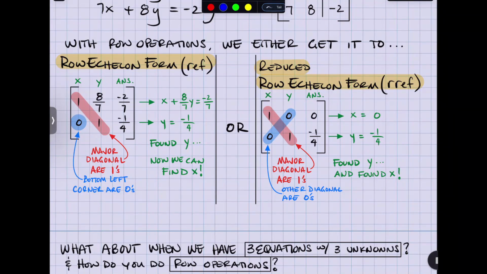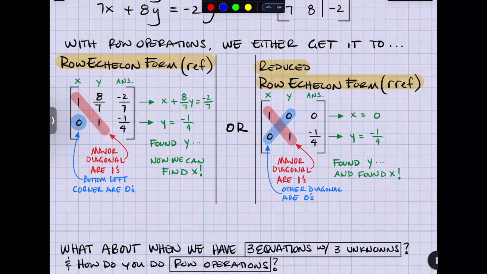Reduced row echelon form is where the major diagonal is all ones, and everything else is zeros. So if this was any bigger, all of these would be zeros, and all of these would be zeros.